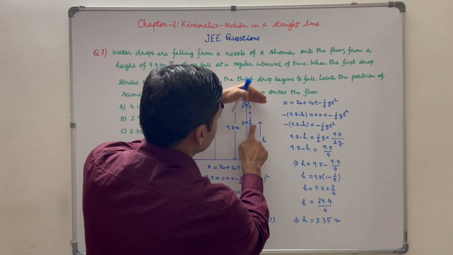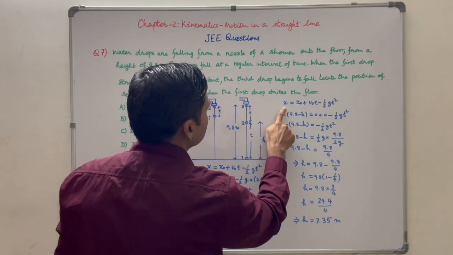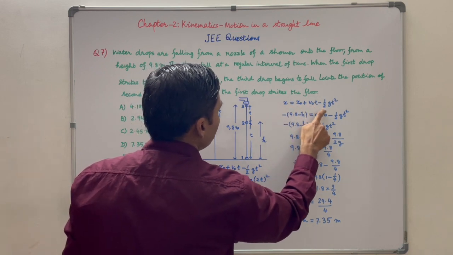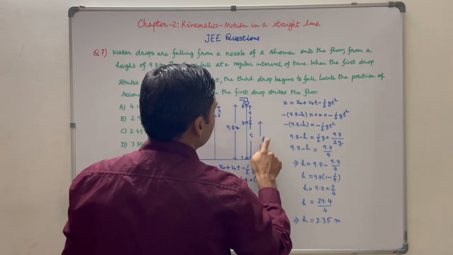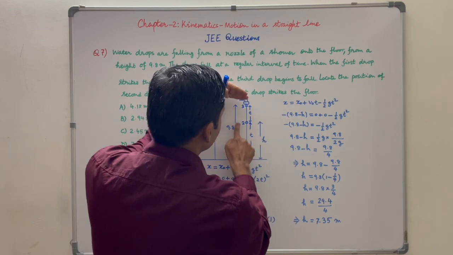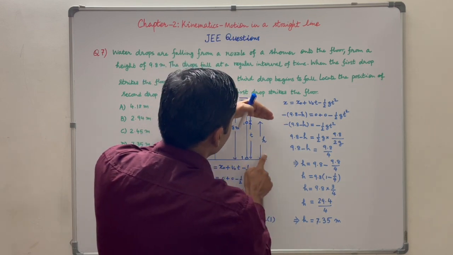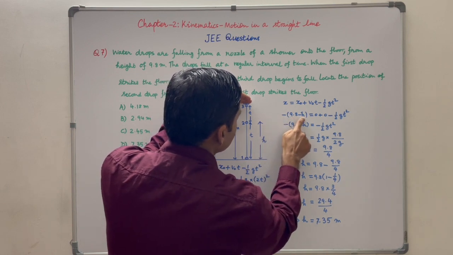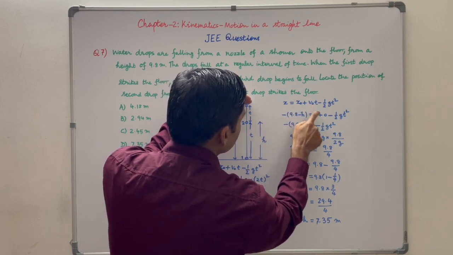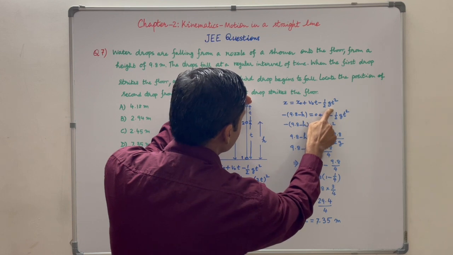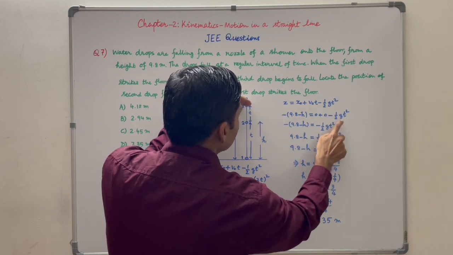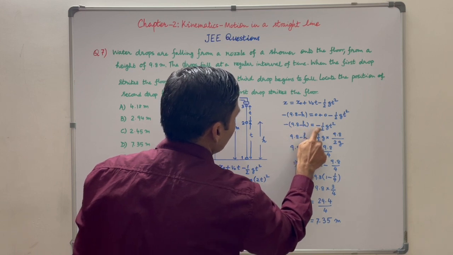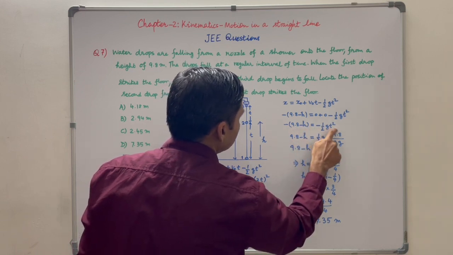Now consider this section. We will use same formula again. X equal to x0 plus v0t minus 1 by 2 gt square. In this case, x will be this 9.8 minus h. So this will be minus 9.8 minus h is equal to 0 plus 0 minus 1 by 2 g t square.